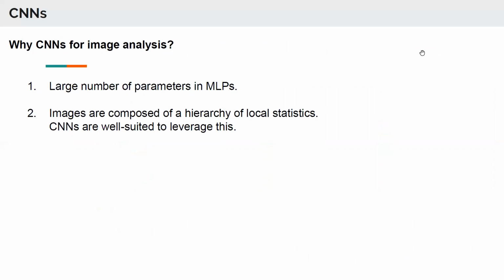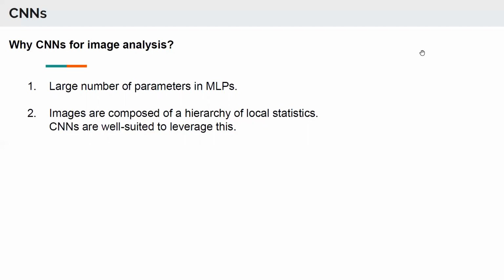The second thing is that images are composed of a hierarchy of local statistics, and CNNs are well suited to leverage this. So what do I mean by this? If you think of any image, it is composed of a certain hierarchy. At the very lowest level, you have things like edges and corners.